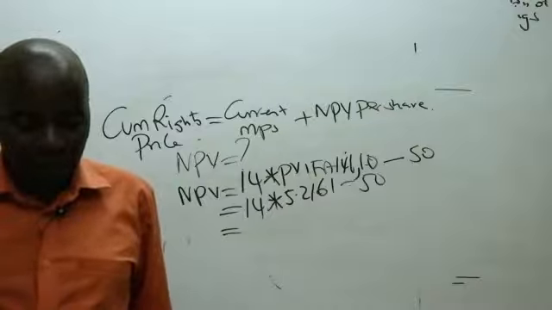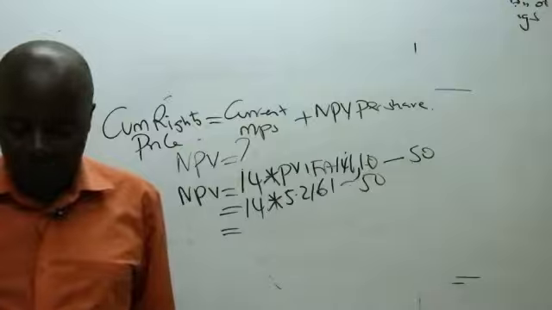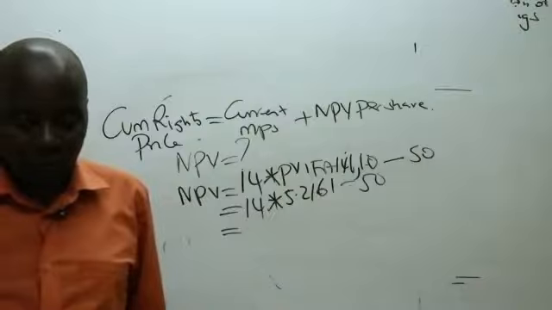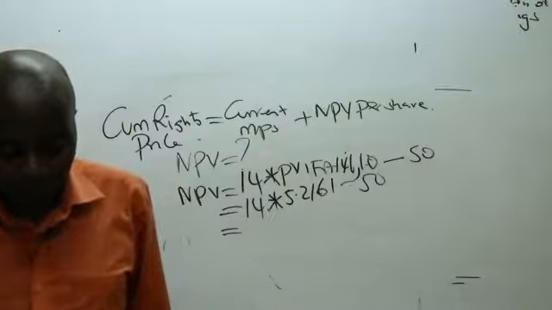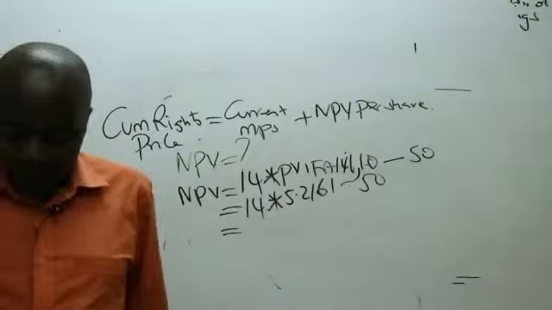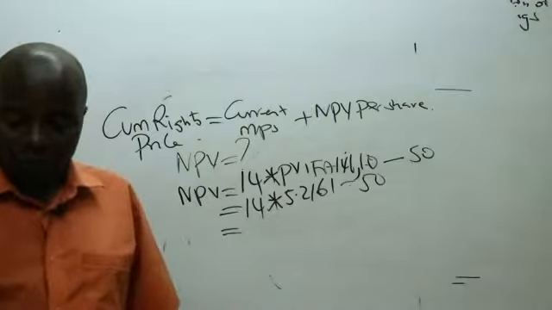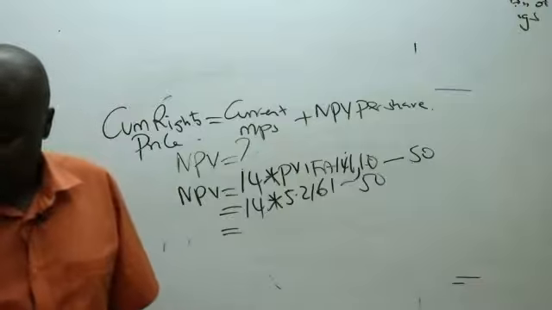So in this particular case, my total net present value will end up giving us what figure? Please move with speed.